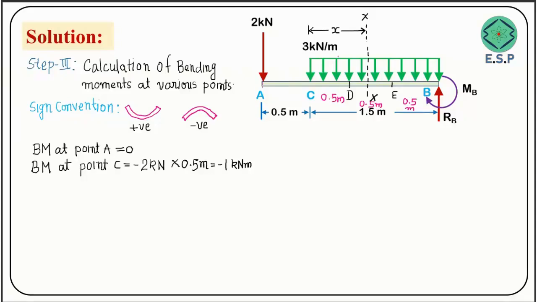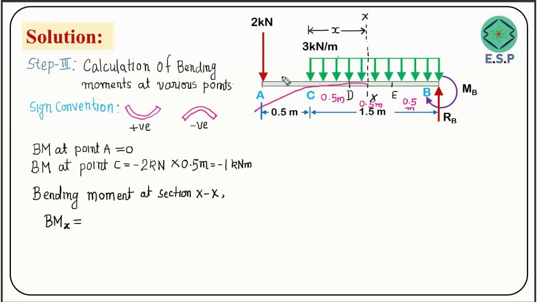Now let me find the expression for the bending moment at this particular plane. The bending moment at section XX, at distance x from point C, I'll call bending moment x. When your plane is here, first the bending moment will be caused by the 2 kilonewton load, which will try to bend the beam in this fashion, a kind of hogging.